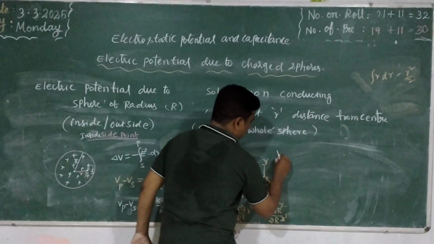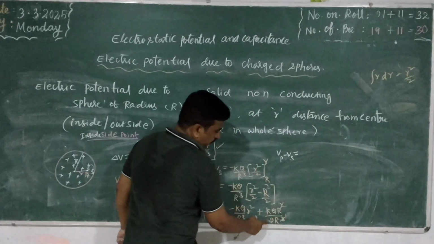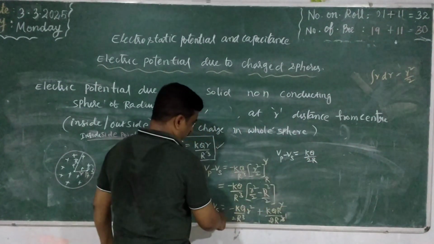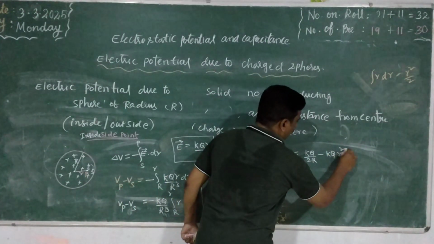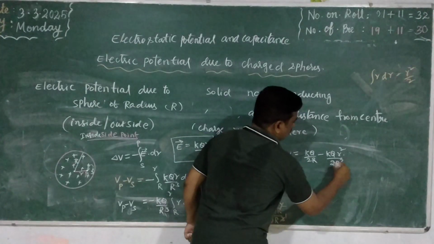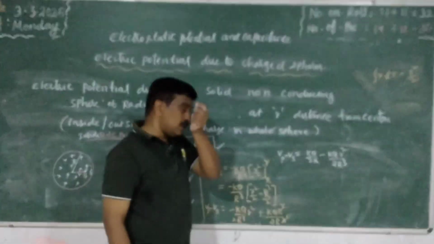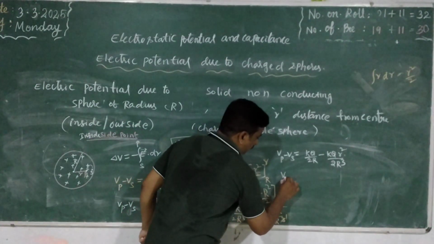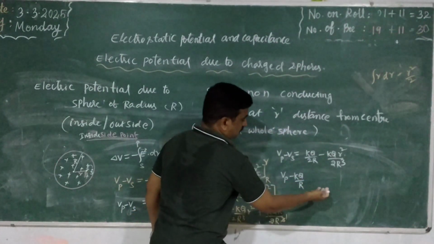So potential at P minus S equals, writing the positive value first, KQ by 2 capital R minus KQ small r square by 2R cube. Here, potential at P minus potential at surface. The potential at the surface of a non-conducting solid sphere is KQ by R. I write here Vp minus KQ by R. It will change to that side, meaning plus, we get.